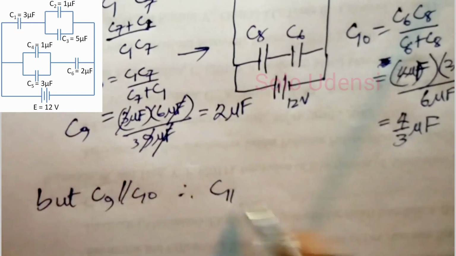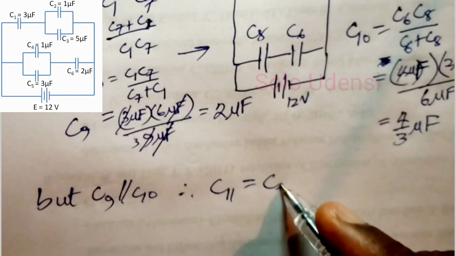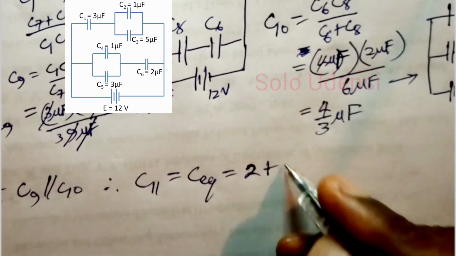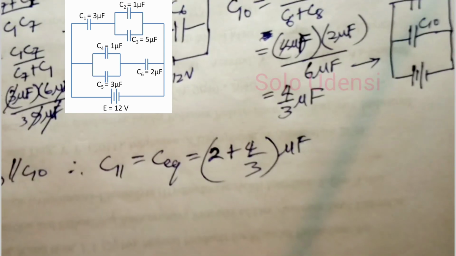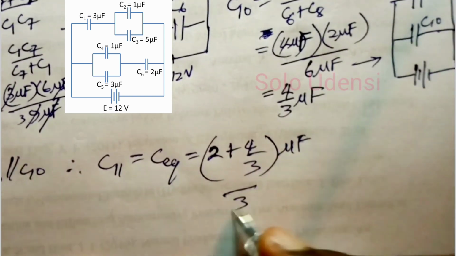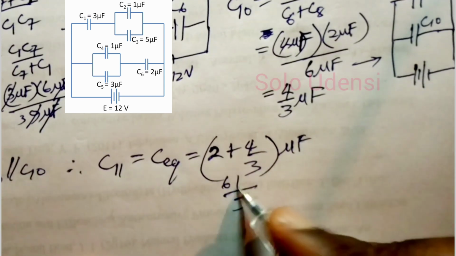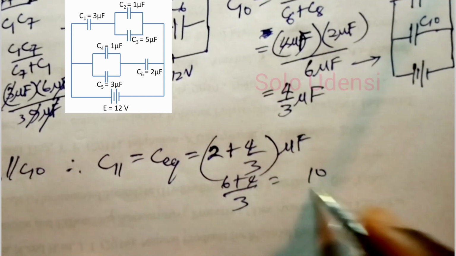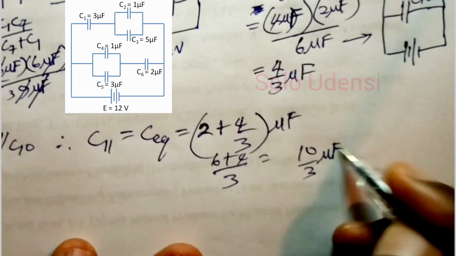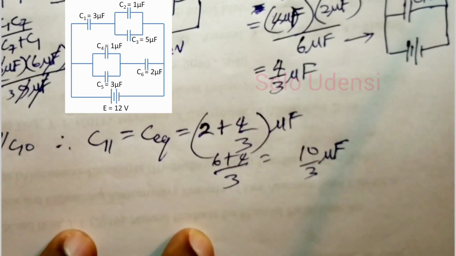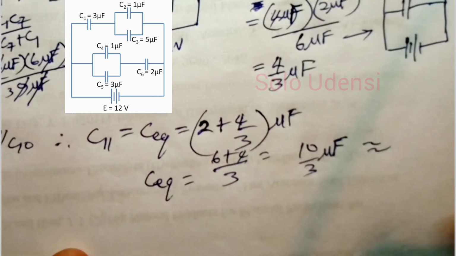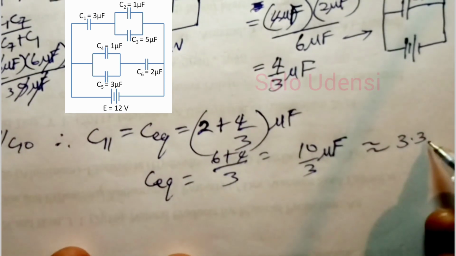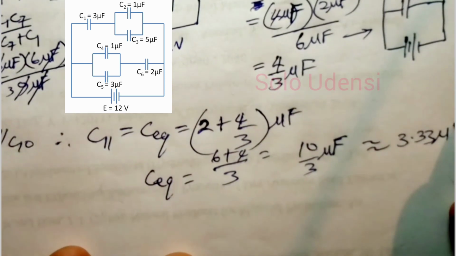Therefore C11, which is C equivalent, is equal to the sum, which is 2 plus 4 over 3 microfarad. If you find the LCM, that is 10 over 3 microfarad, or approximately 3.33 microfarad.